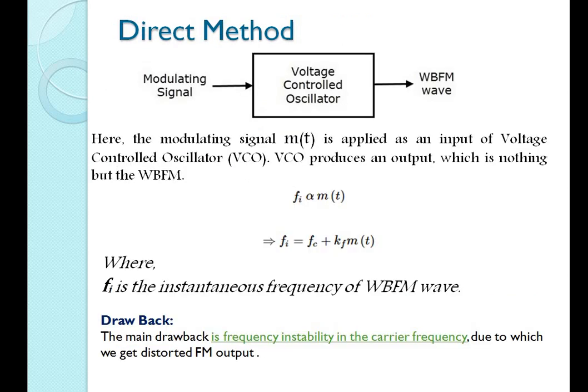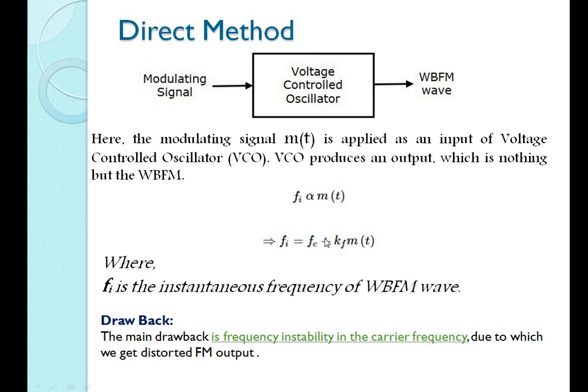Now see the block diagram of the direct method. Here the modulating signal m of t is given to a VCO, voltage controlled oscillator, which produces the carrier signal and gives your wideband frequency modulated wave. The modulating signal m of t is applied as the input of the VCO, and the VCO produces an output which is nothing but wideband frequency modulation.